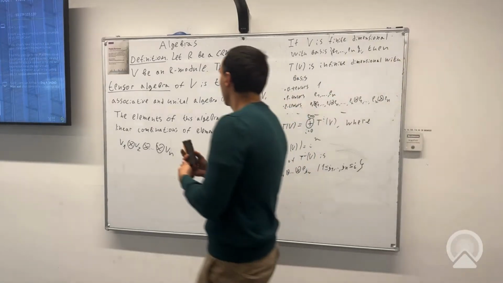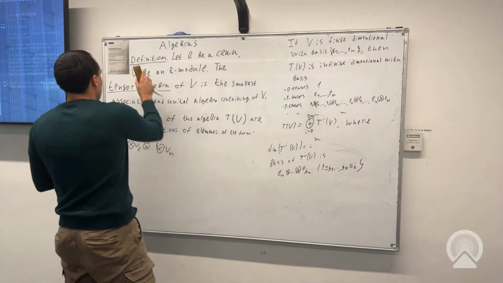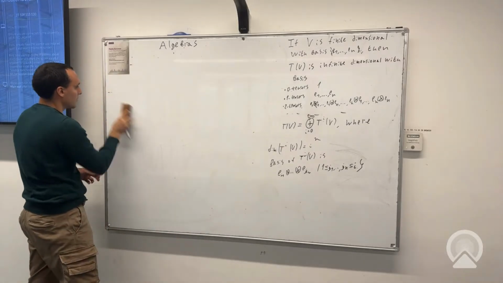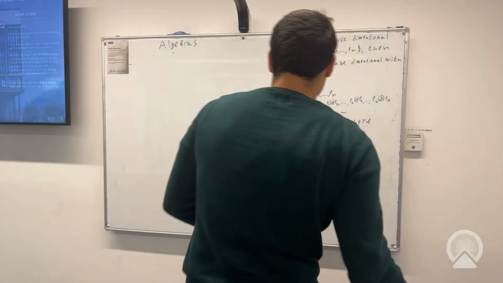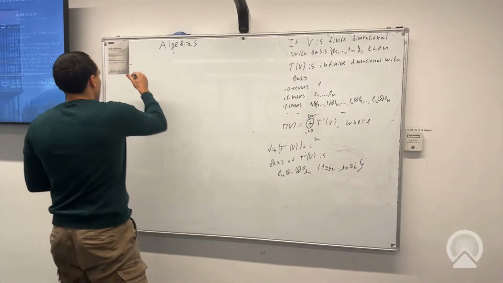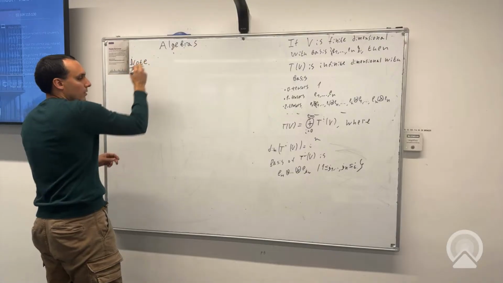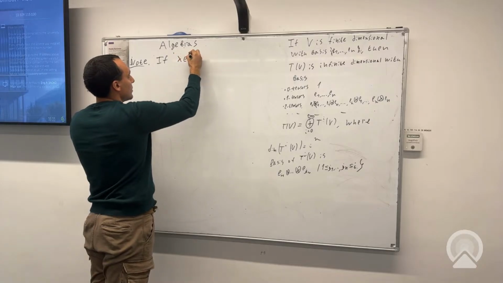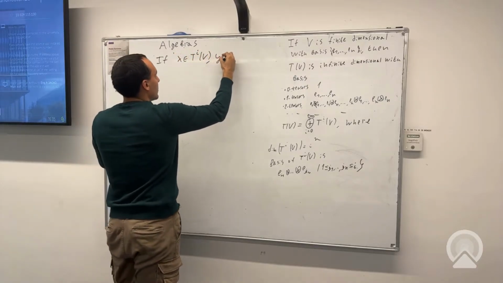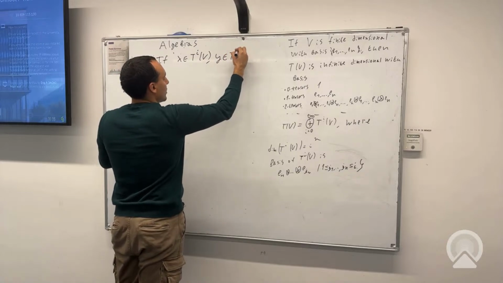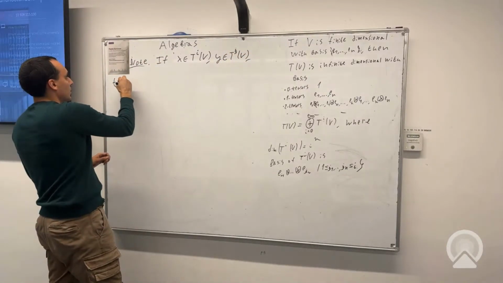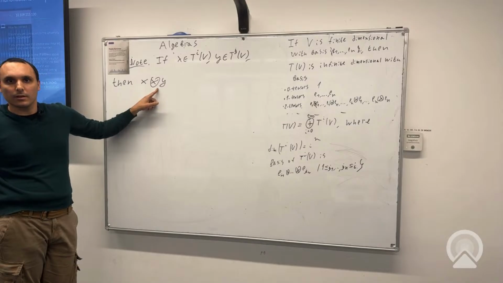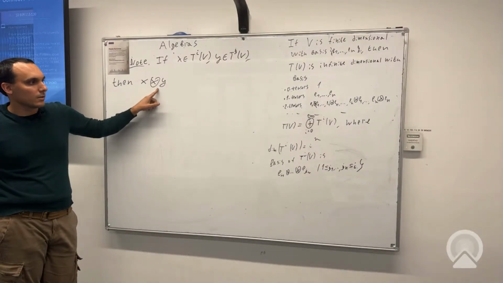Now we have the following properties. Note that if x is in T^i and y is in T^j of V, then where does the tensor product of x with y live?